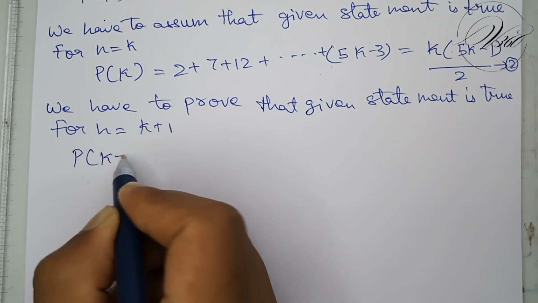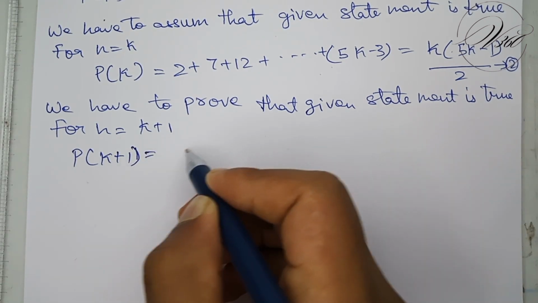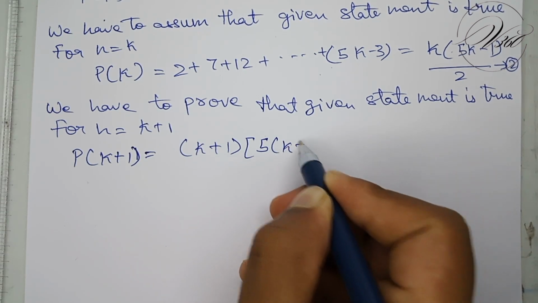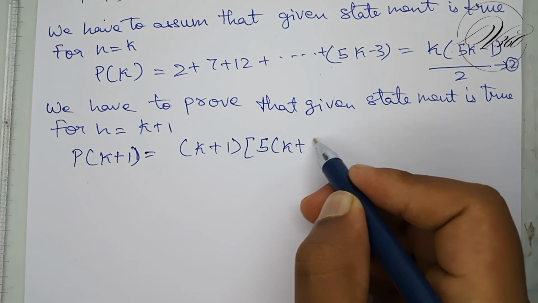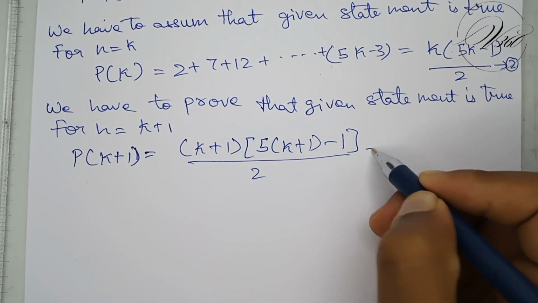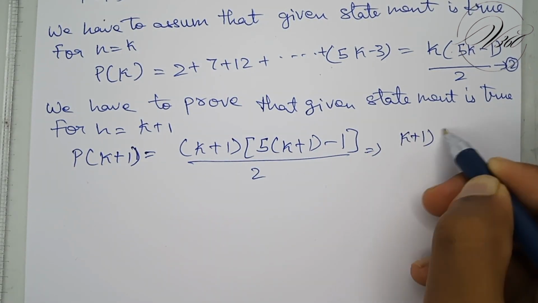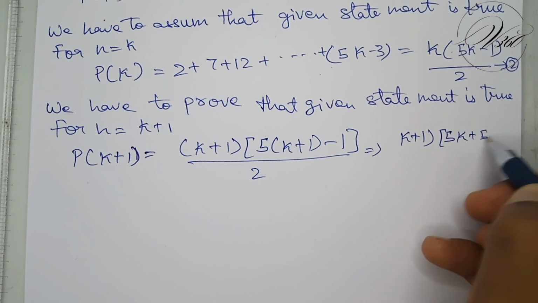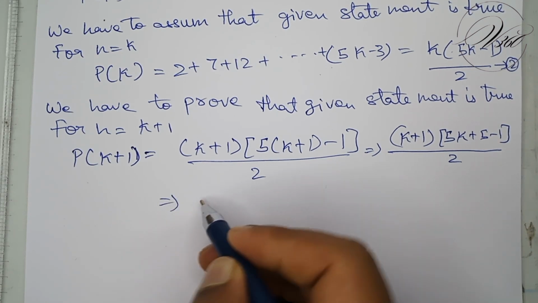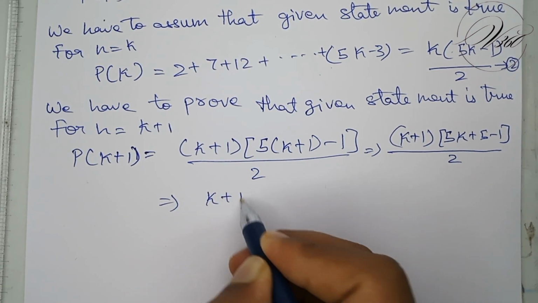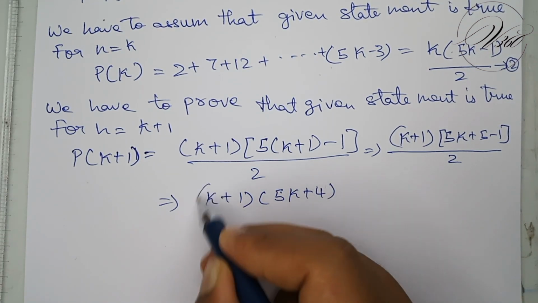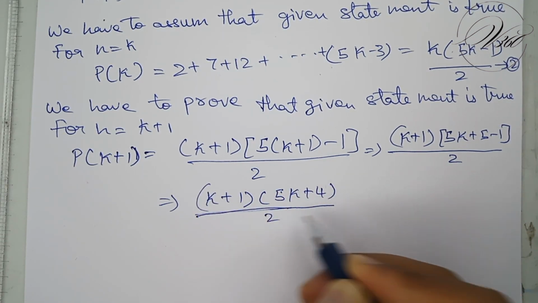P(k plus 1) is equal to (k plus 1)(5(k plus 1) minus 1)/2, which implies (k plus 1)(5k plus 5 minus 1)/2, that implies (k plus 1)(5k plus 4)/2.